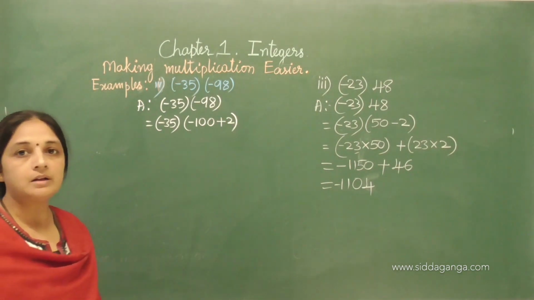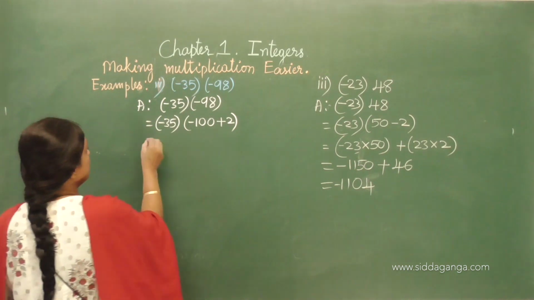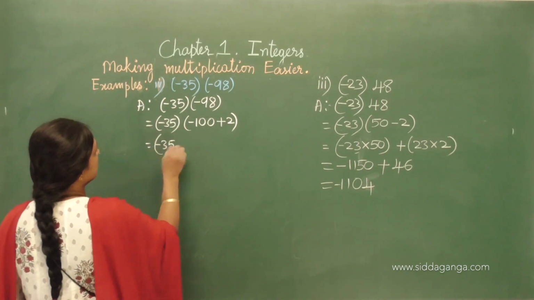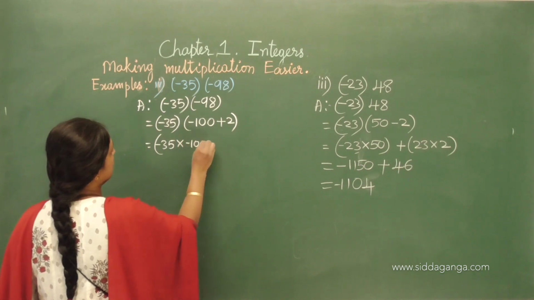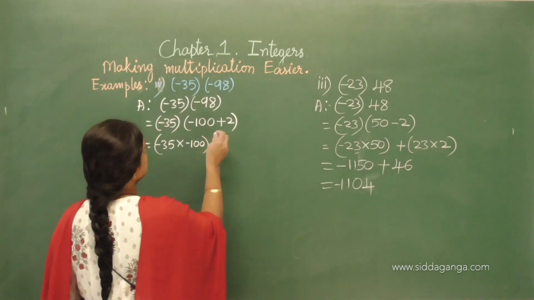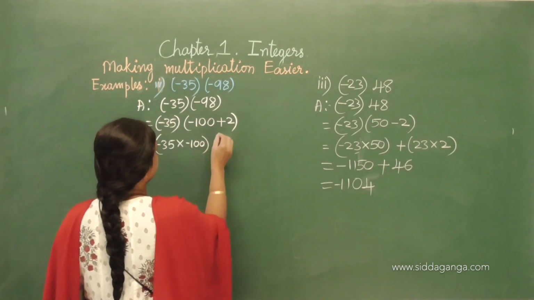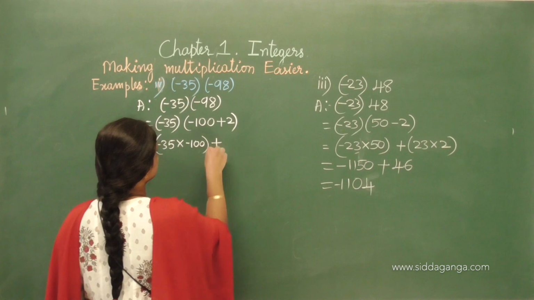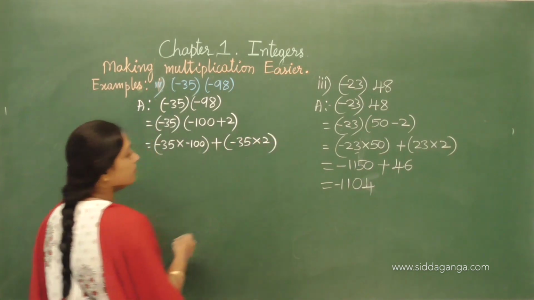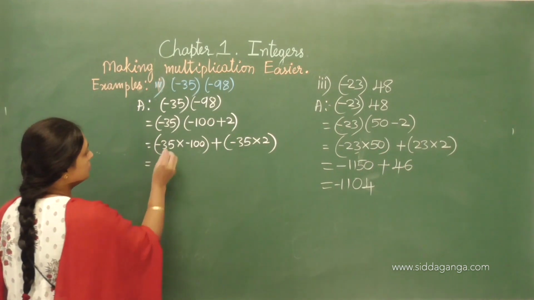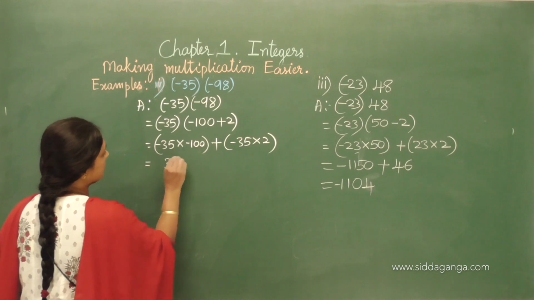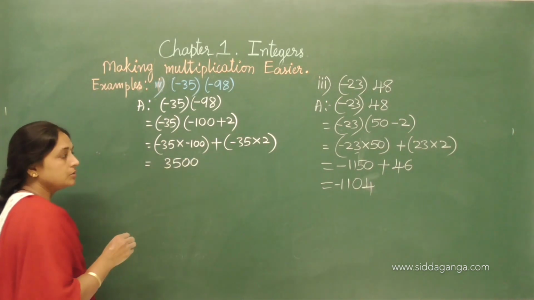This is the distributive property: minus 35 into minus 100 plus minus 35 into 2. Minus into minus is plus, 35 ones are 35, we get 3500.